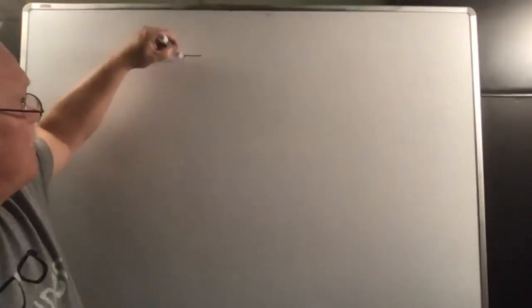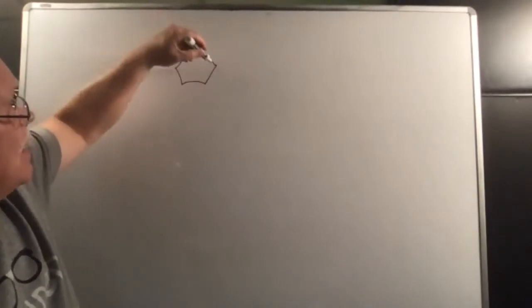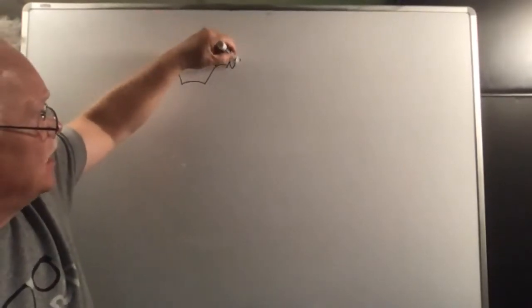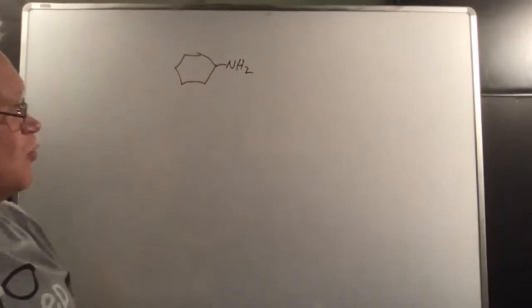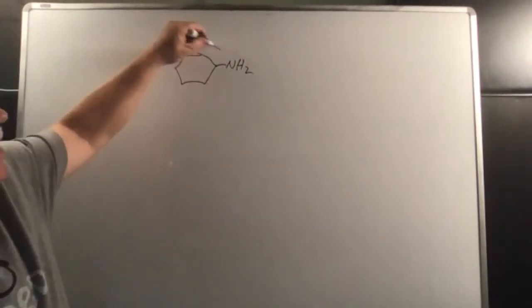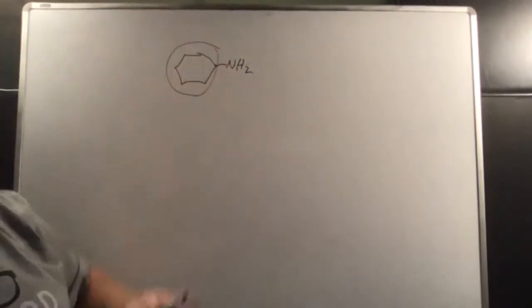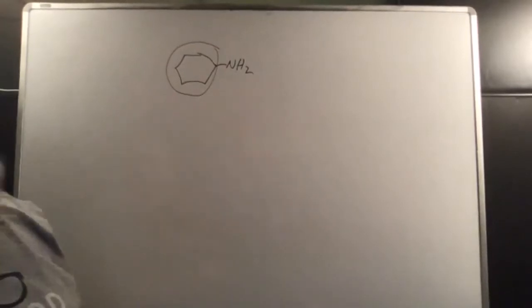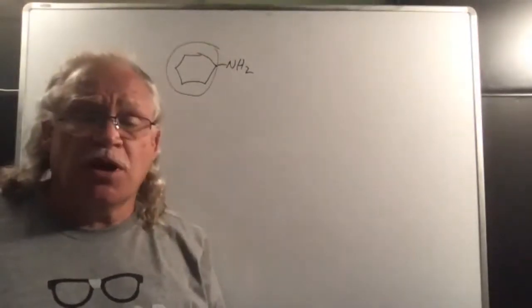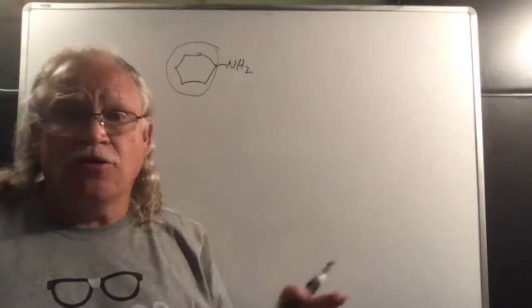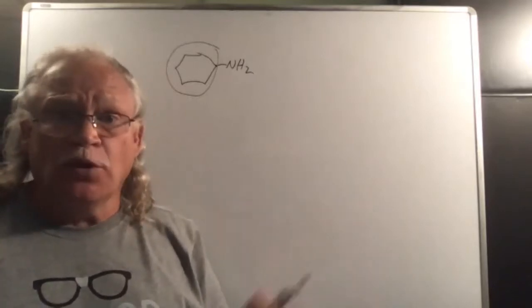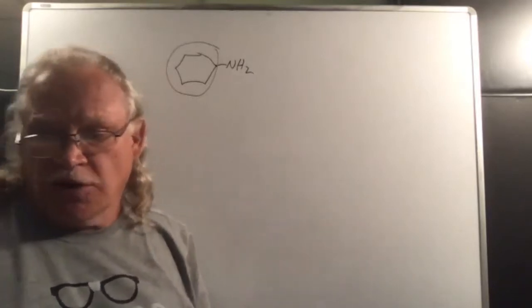So if I have this compound, now notice that's not an aromatic ring, that's just a cyclohexyl ring. We call this cyclohexylamine. Now, we don't have to say anything about the hydrogens because it's understood that there are enough hydrogens to make 3 things attached to the nitrogen.